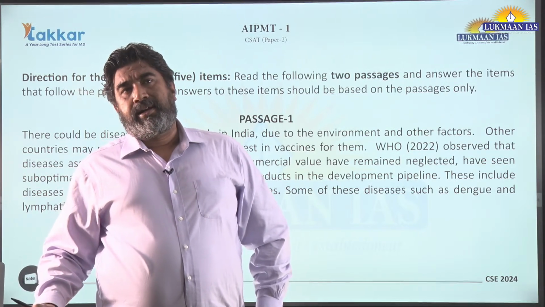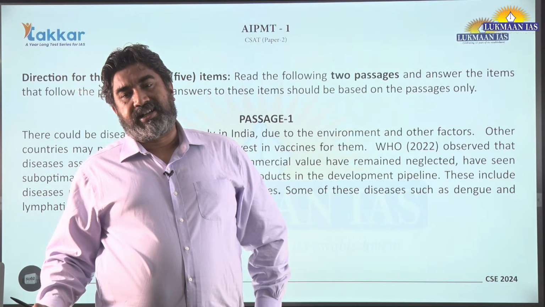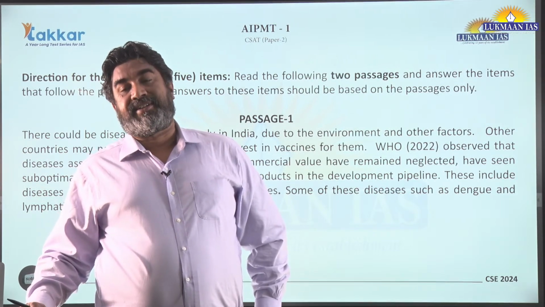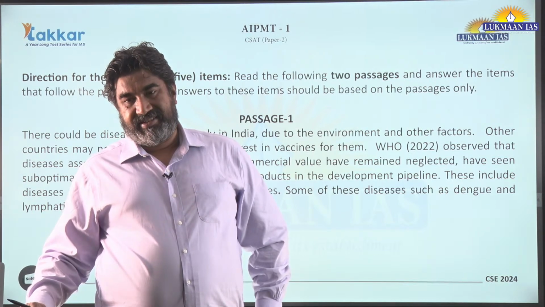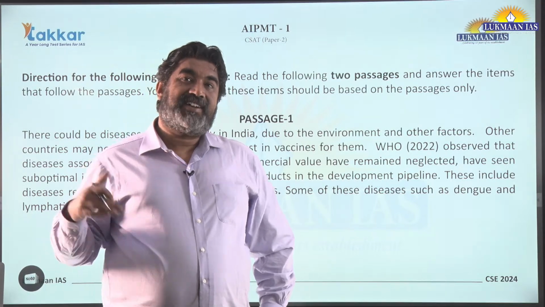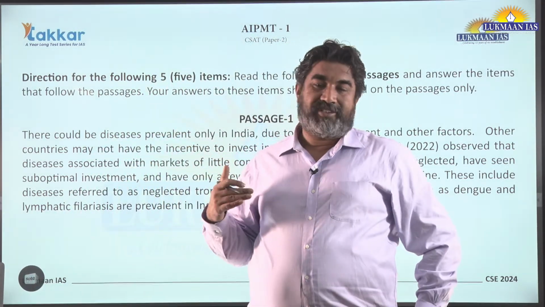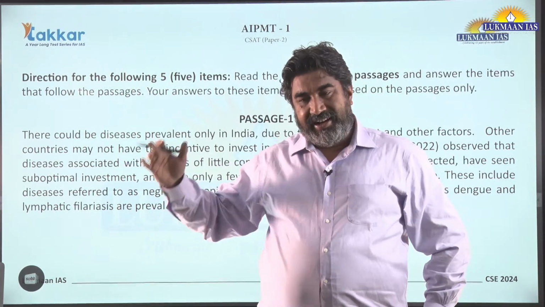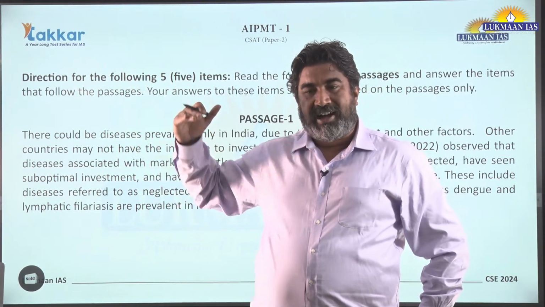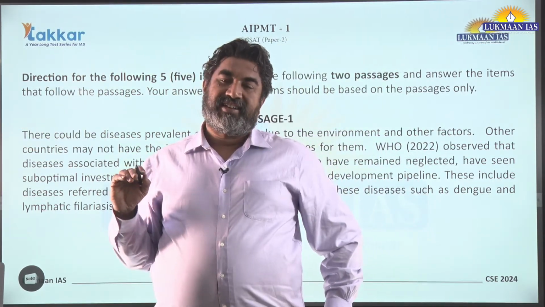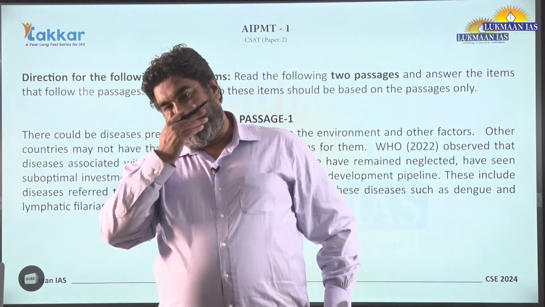So when you read the questions and options, you will get a basic gist of the paragraph. And the moment you understand what the paragraph talks about, you don't have to read the question again. Only read the questions and options, then read the paragraph and come to the answer. It will be as easy as that.